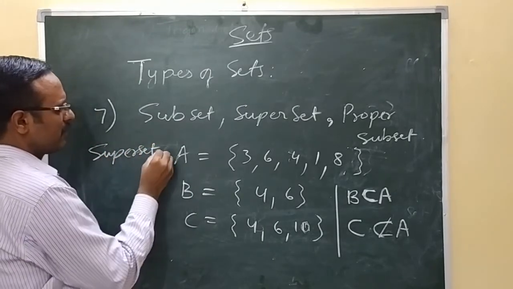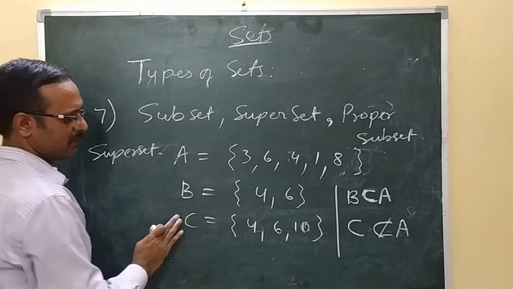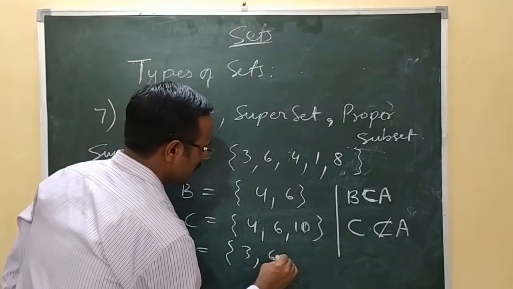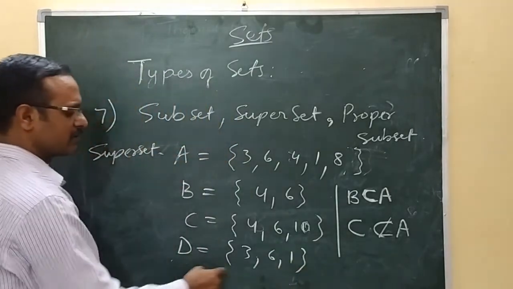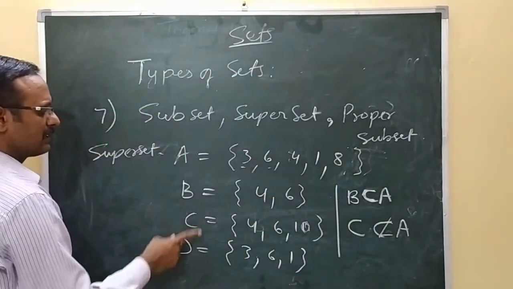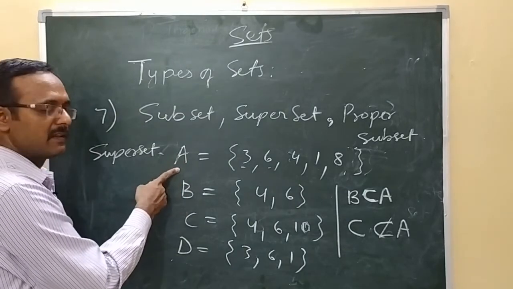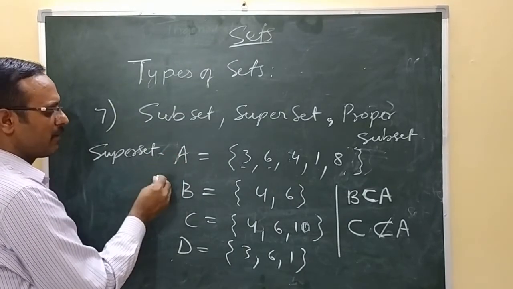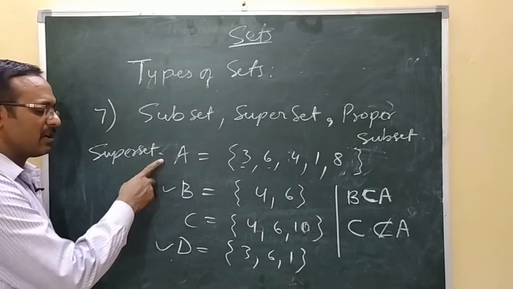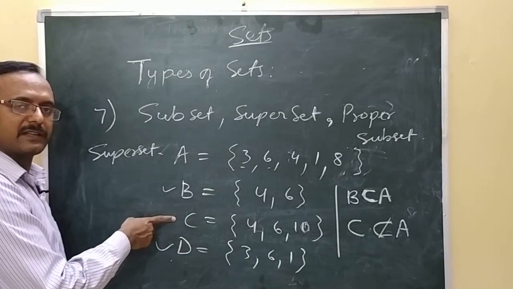We can form more subsets of this. Suppose D equal to {3, 6, 1}. This is also a subset, as 3, 6, 1 are present in A. So D is also a subset of A. And A will be the superset of B and D. Although A is not a superset of C.